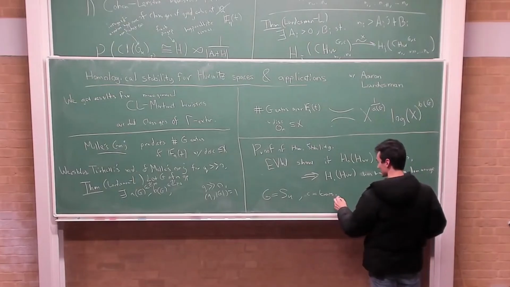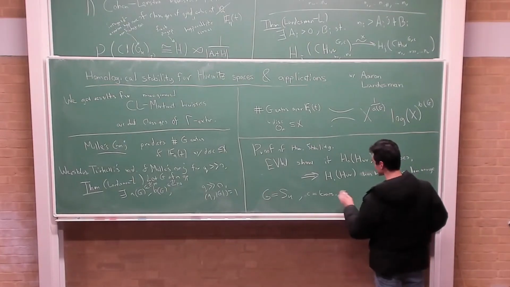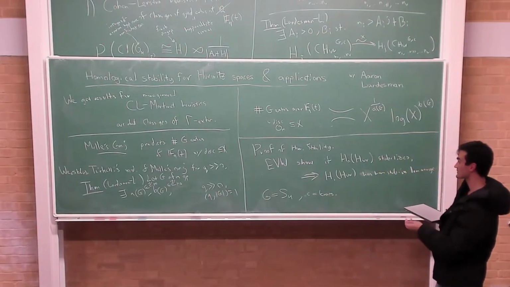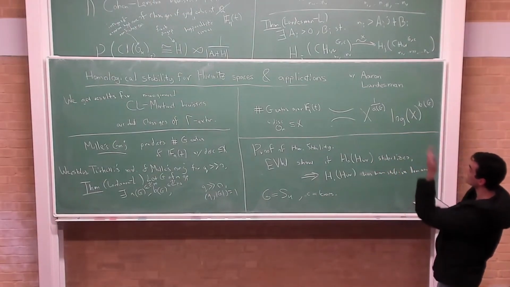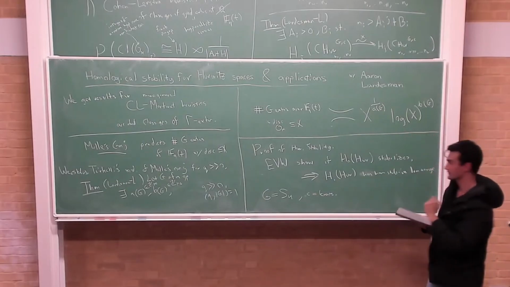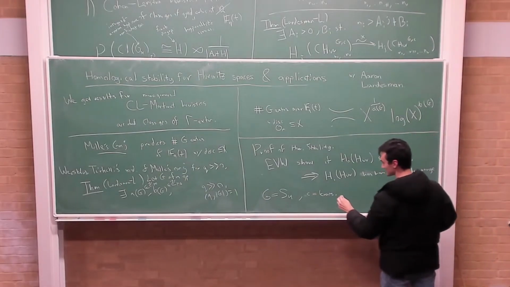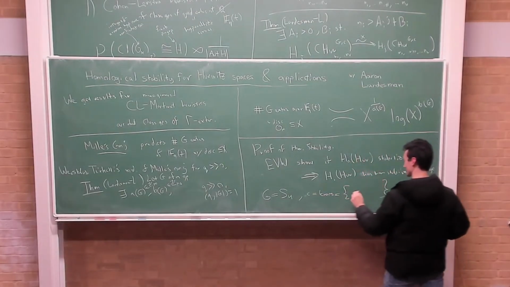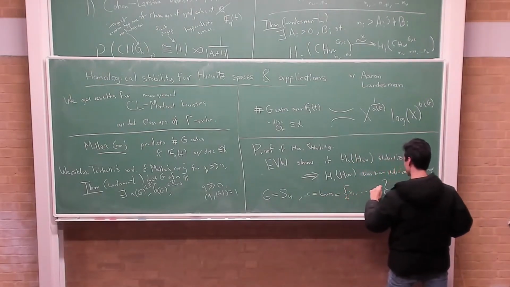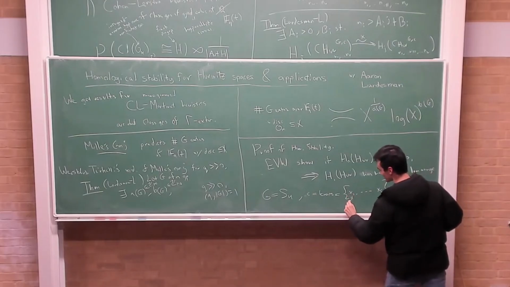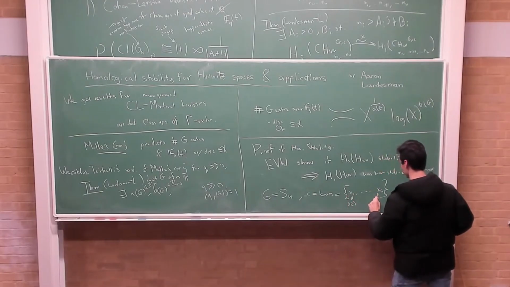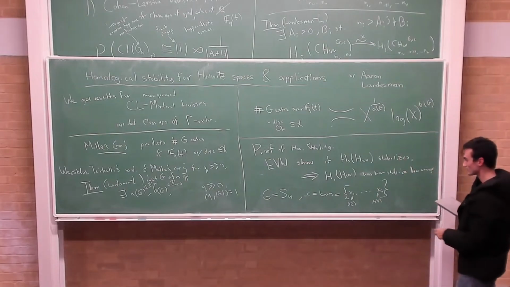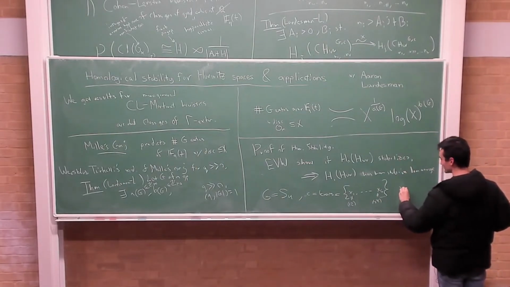In this case, what happens? Here's a reason why homological stability for the whole Hurwitz space doesn't happen, even though it does happen for the connected Hurwitz space. You can look at the following elements. There are 6 transpositions inside the symmetric group. Let's call them x1 to x6. Maybe this is the transposition (1 2), and this is the transposition (3 4). You can consider x1 to the i times x6 to the j.